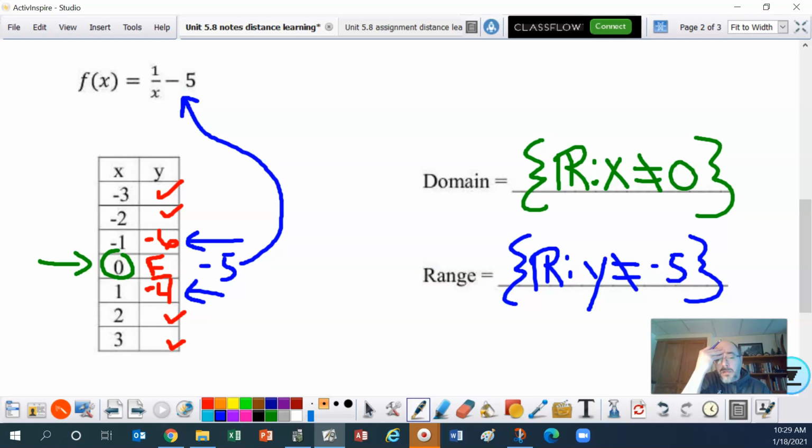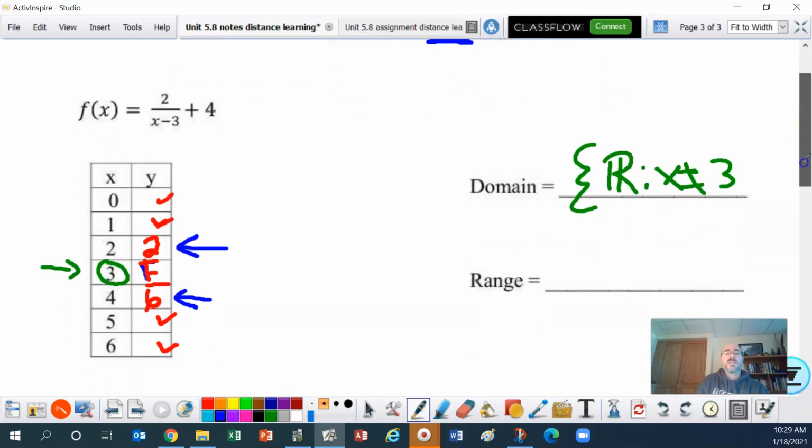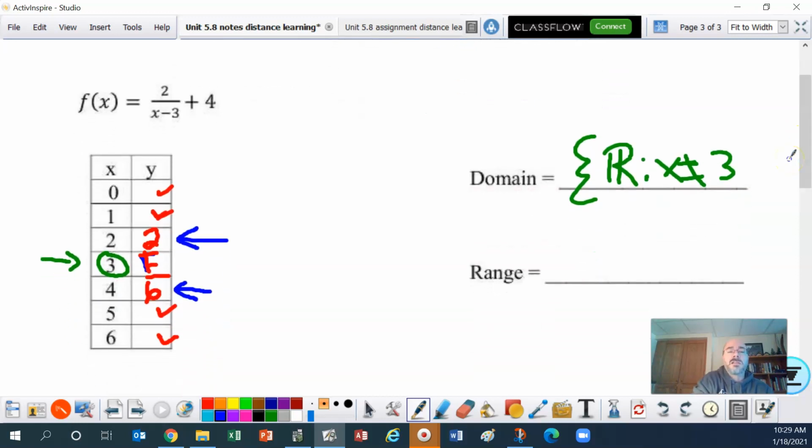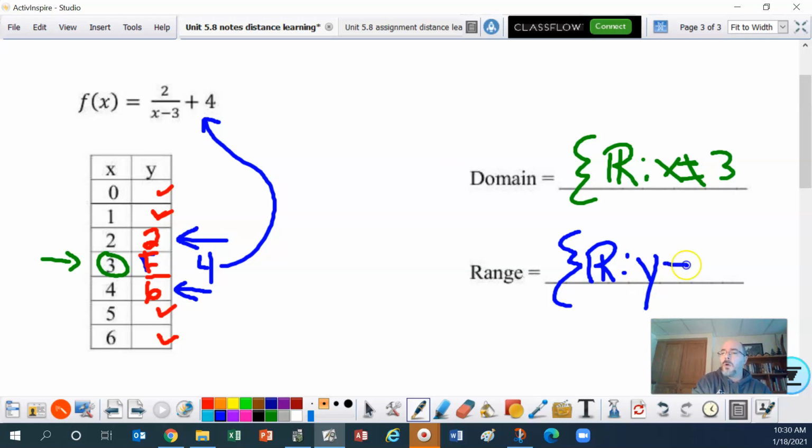The number that was in the back, that -5, that's the one that did not work for the range. Interesting. So what's between the 2 and the 6? Well, that's a 4. Look what's behind that, a plus 4. So, ladies and gentlemen, the range is everything except where y cannot be a positive 4.